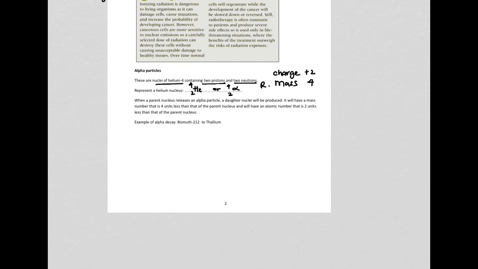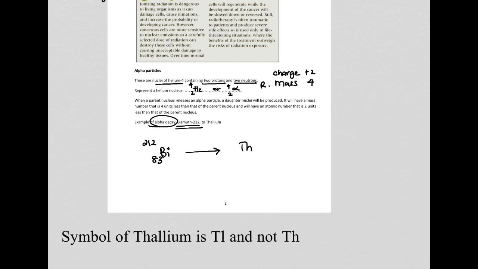So for example, if I have bismuth 212 decaying into thallium, and this is emitting an alpha particle, alpha 4 2. So when you add the atomic masses on the right, it should give you the atomic mass on the left. So together it should give you 212.